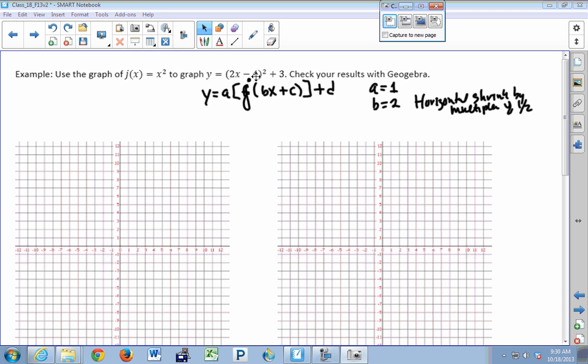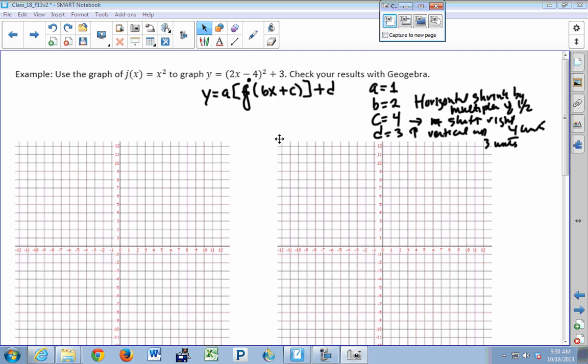What's the value of C inside here? 4. So that tells me I'm going to shift to the right 4 units. And then finally, D is on the outside of the whole shebang. That tells me I go up, a vertical shift up 3 units.